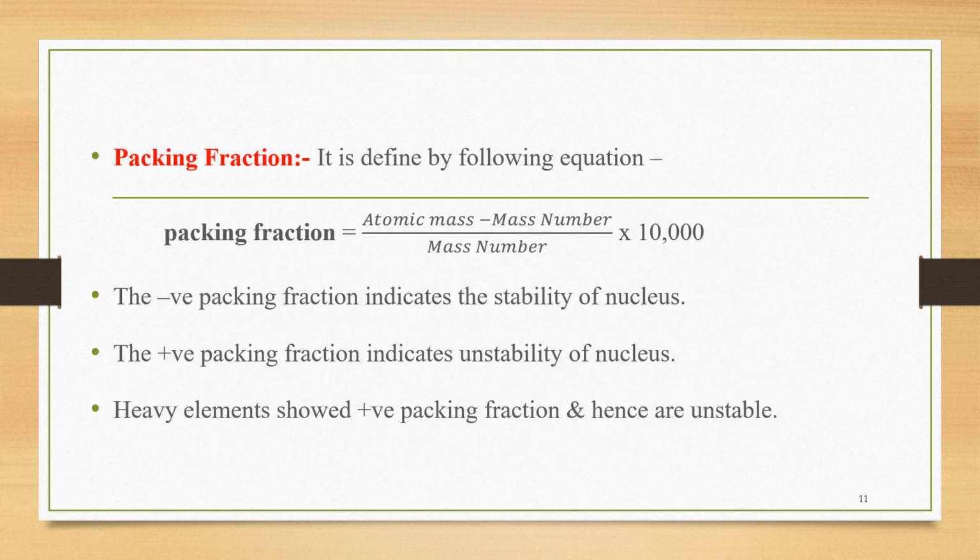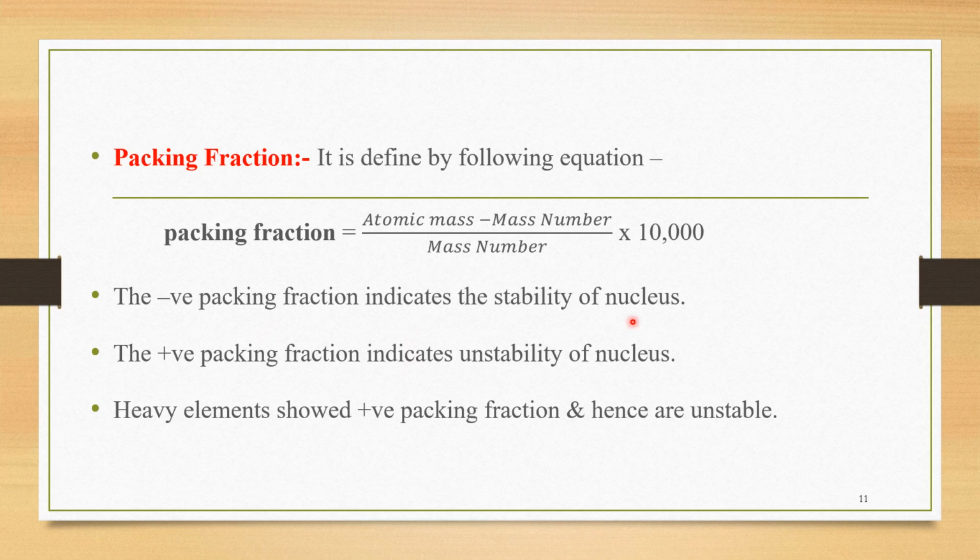The next important point in this same concept is packing fraction. The packing fraction is given by the equation: packing fraction is equal to atomic mass minus mass number, divided by mass number, multiplied by 10,000. If we solve this simple equation, we get the packing fraction of a nucleus. From this packing fraction, we get an idea regarding the stability of the nucleus. The negative packing fraction indicates the stability of the nucleus.